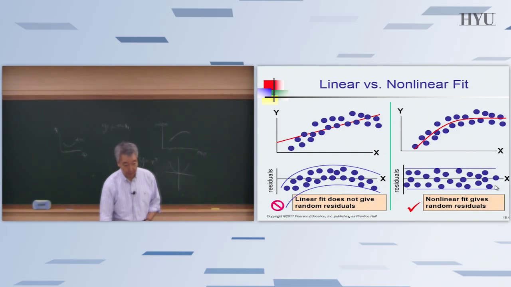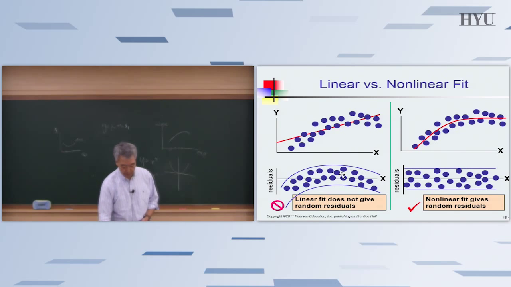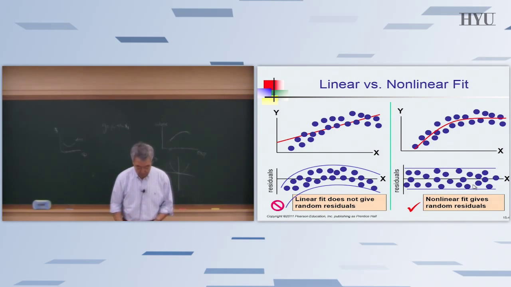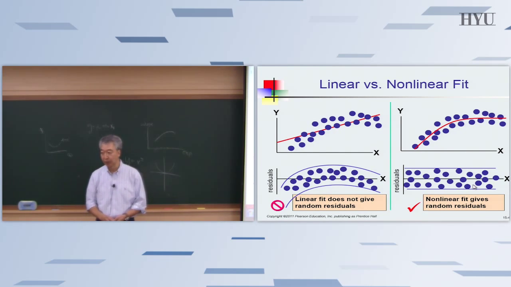This is what we consider a desirable pattern, actually random, instead of showing any pattern like this. We can consider this a random distribution of errors. That's what we've been doing last time. By looking at the residual plot, we can figure out whether there's any violation of assumption.